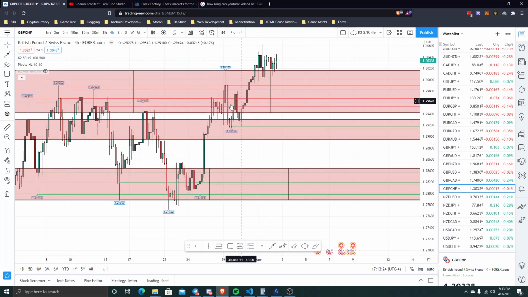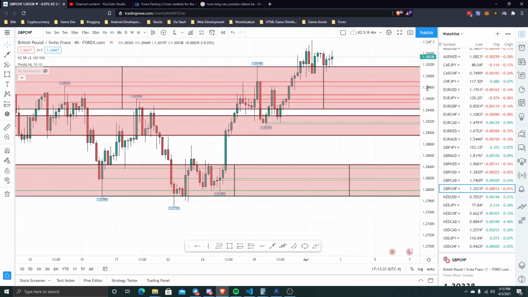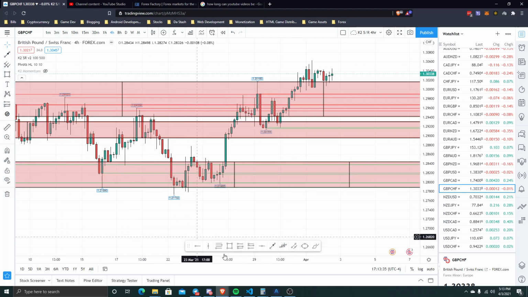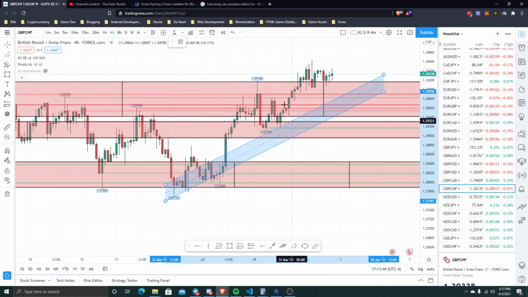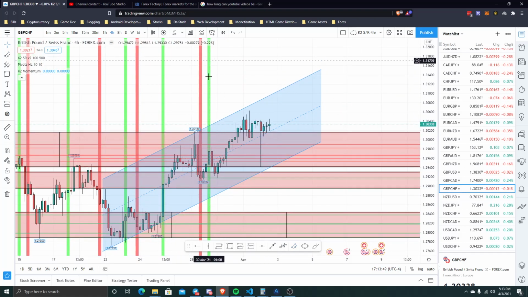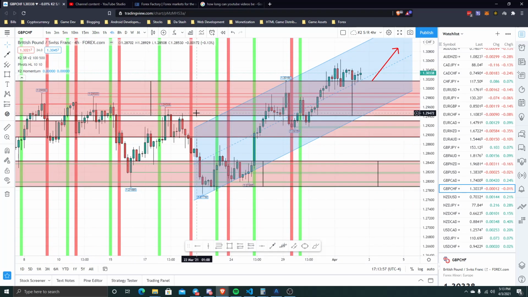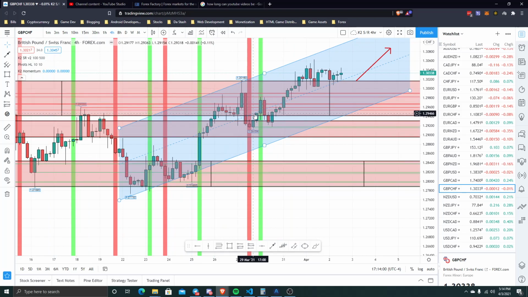All right, so when I have big zones in between each other with little spacing like that, I already know that this pair is not worth trading. As you can tell, it's going in this upwards movement right here. Let me show you the parallel channel right here. It's going in this upwards movement, and with the current momentum bias, there's still a bullish bias, so it may continue to go up here, but like I said, there's been a whole lot of false signals, as you can see here.